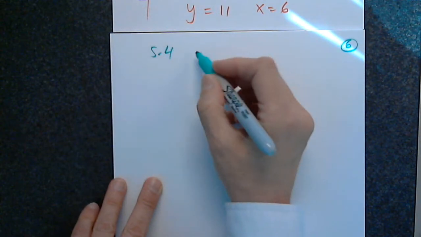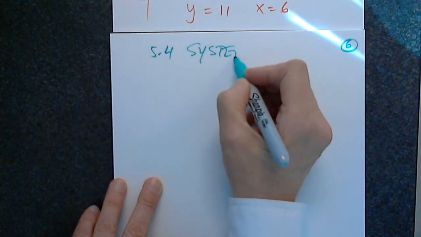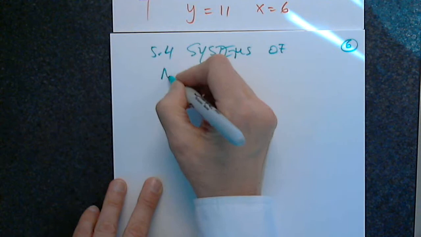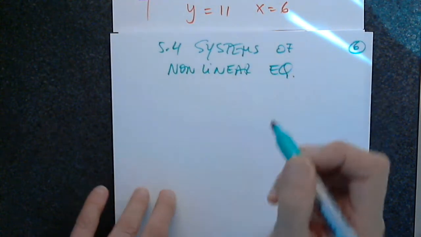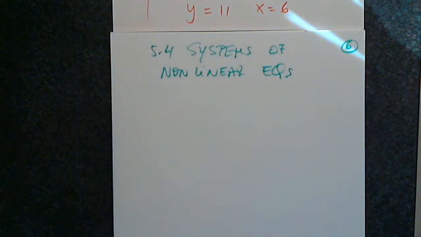So 5.4, systems of nonlinear equations. Okay. Still in 2 variables. We are still talking about 2 variables. And of course, we're going to talk about substitution and elimination. Everything the same.